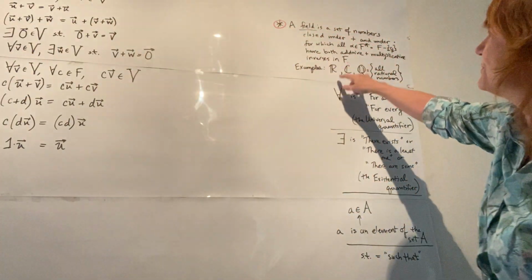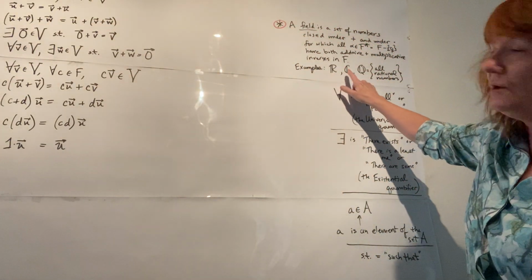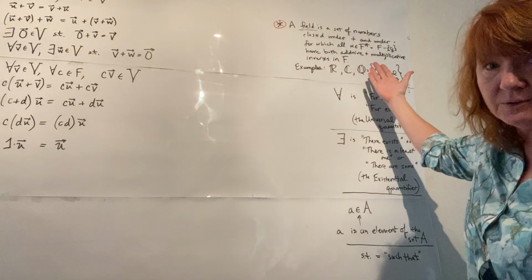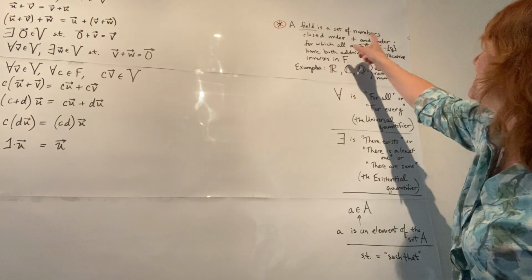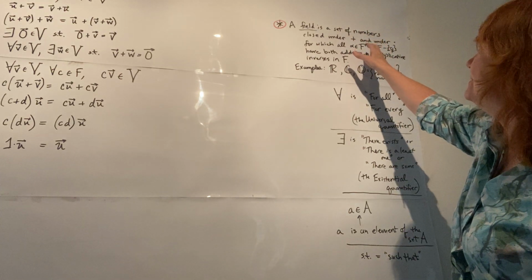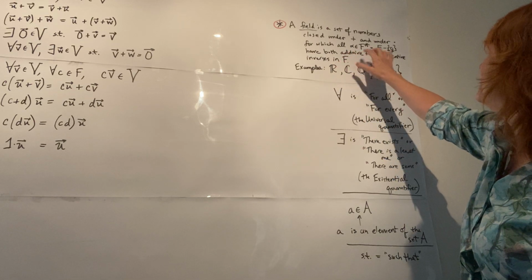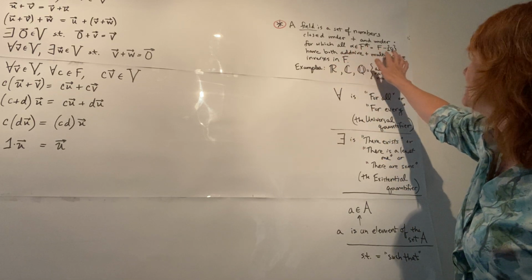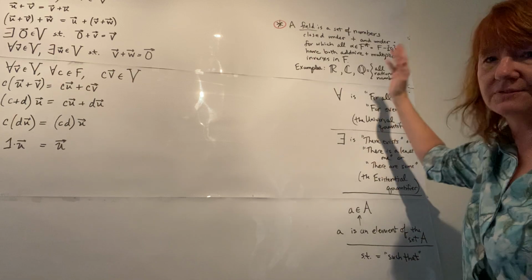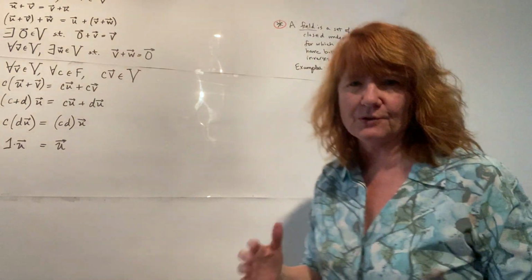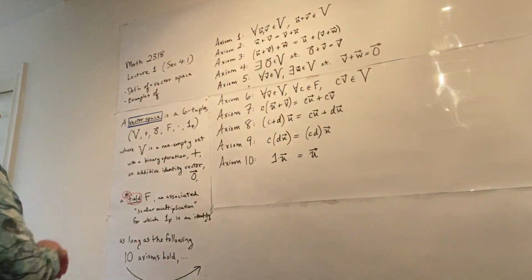A field is a set of numbers like the set of reals, or the set of complex numbers, or maybe just the set of rational numbers. That has to be closed under addition and closed under multiplication for every non-zero element. Okay, so just think of the reals or complex numbers or the rational numbers at first when you're thinking about what a field is. Okay, back over here.